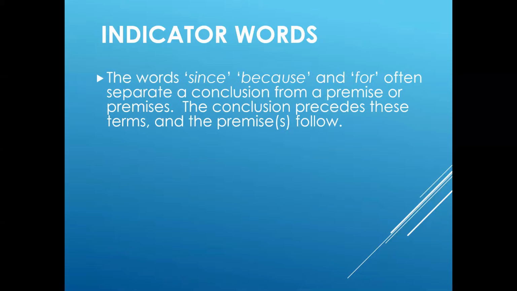So the conclusion comes first, the conclusion precedes these words, and then the premises follow. And that makes sense, of course, because you have a statement and then you're giving reasons to believe the statement. So you have a statement, since tells you here are the reasons you should believe it, or because tells you here are the reasons you should believe that statement.